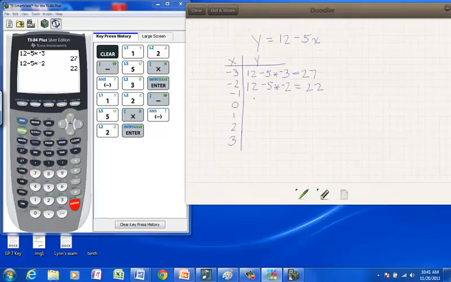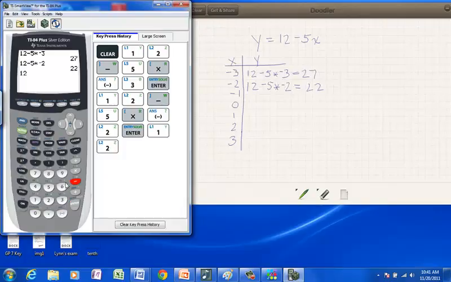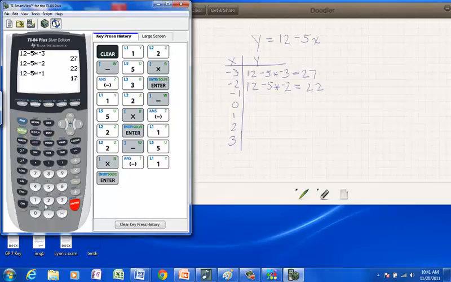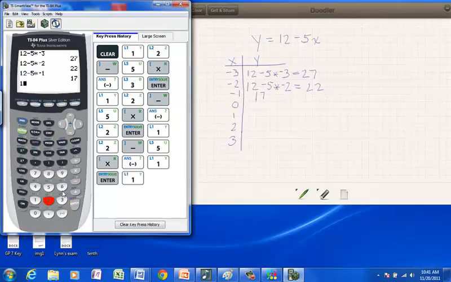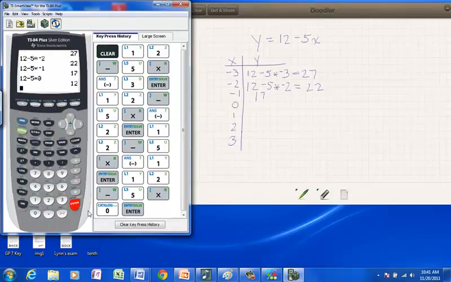Now, to speed things up, I'm going to stop showing my substitutions and just do the work over here. So 12 minus 5 times -1 is 17. If it's 0, it's 12.